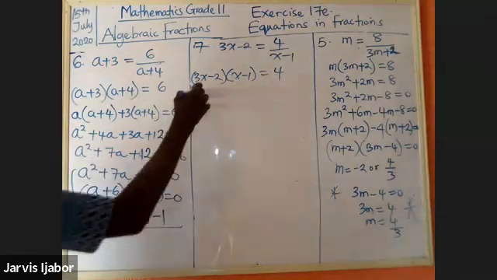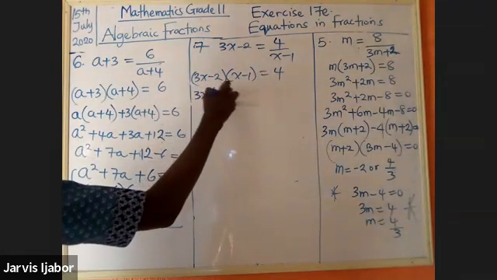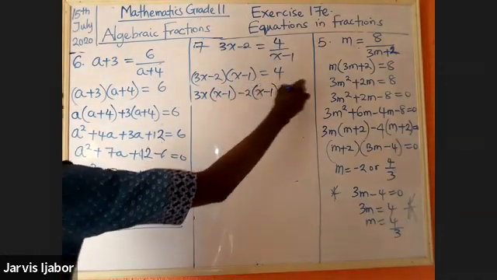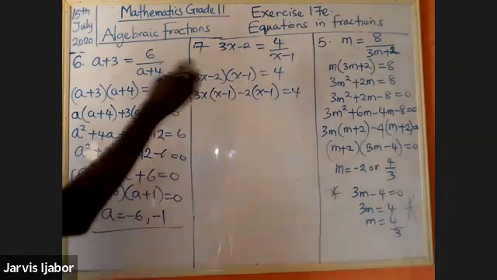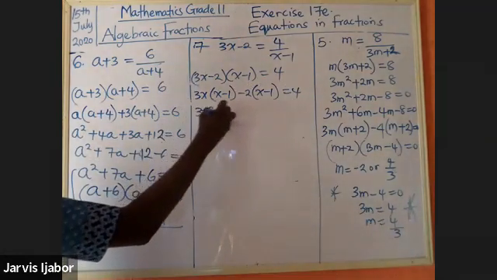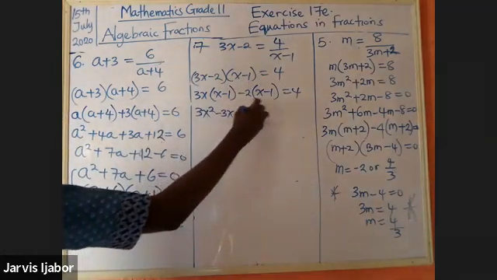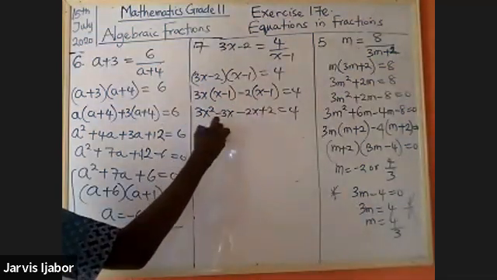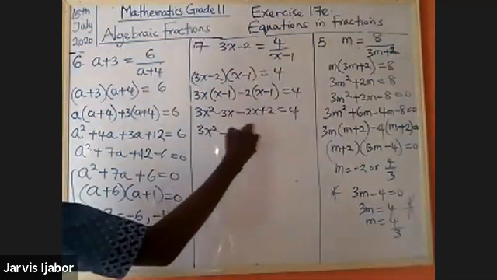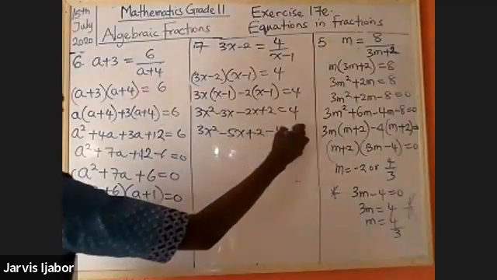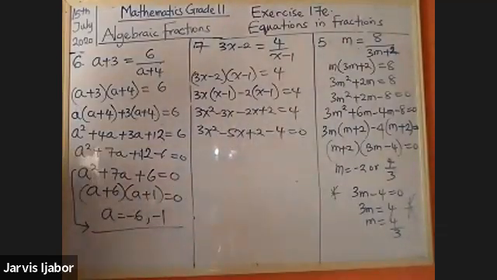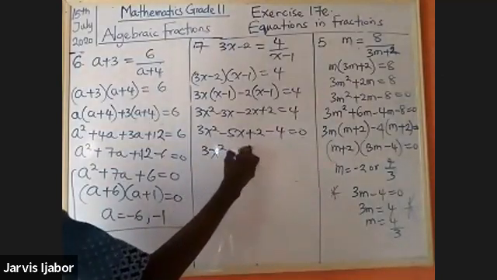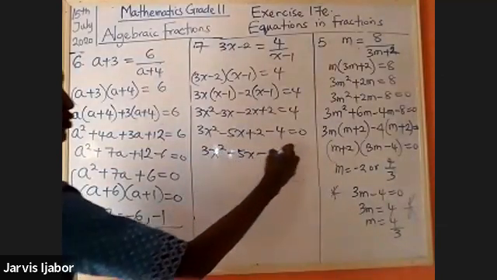As such, 3x will multiply x minus 1 and negative 2 will multiply x minus 1 equal to 4. Open all of this, you're going to have 3x squared minus 3x minus 2x plus 2 equal to 4. That will give you 3x squared minus 5x plus 2 minus 4 equal to 0. And as such, 3x squared minus 5x minus 2 will be equal to 0.